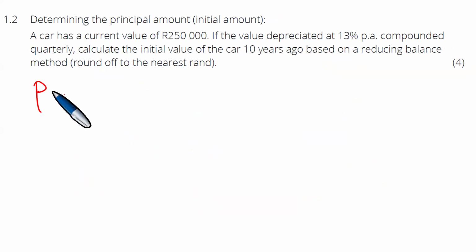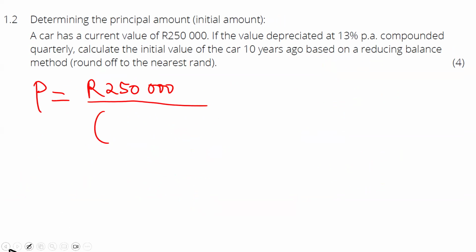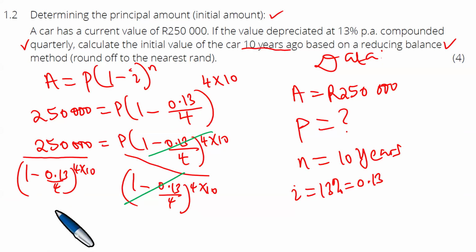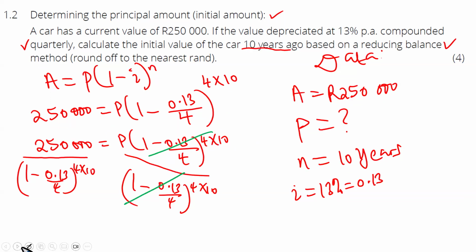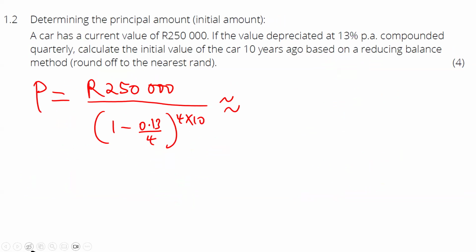So we have that our present value is going to be exactly 250,000 all divided by 1 minus 0.13 divided by 4 to the power 4 by 10. Okay, you get the answer to this. So now we're going to use our calculator here.